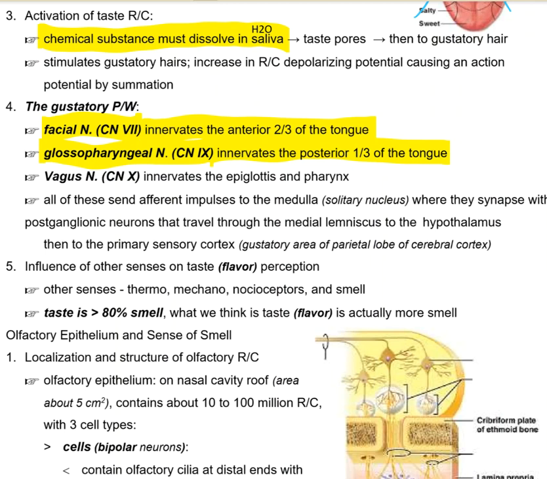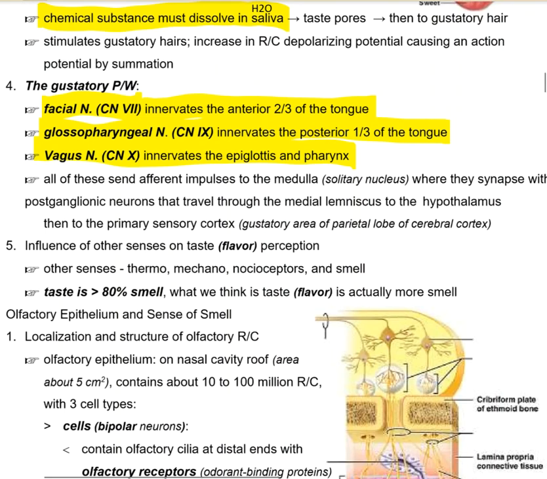And then lastly, the vagus nerve, cranial nerve 10, remember, is our big parasympathetic autonomic nerve, and it innervates the epiglottis and the pharynx, so it's going to assist with swallowing. But guess what? There are actually taste receptors back on your epiglottis and on your pharynx, so we can still taste food as it goes through that area, so that's why we see that here.